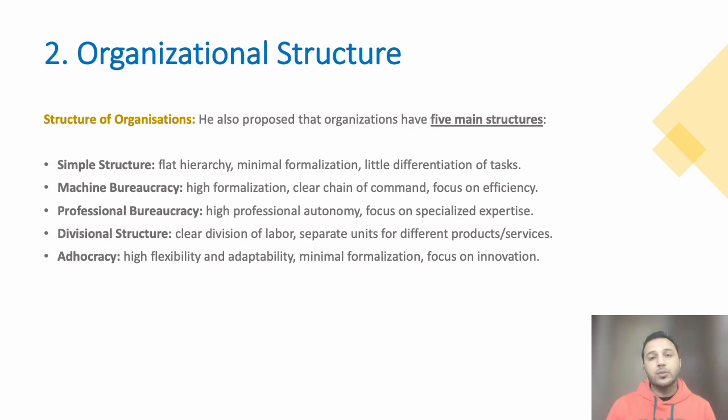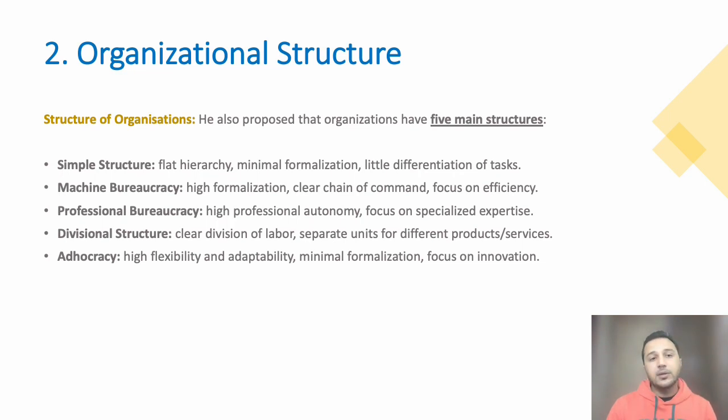Divisional structures are the ones in which we break down the organization into different divisions, be it based on services or product or geography. And the main purpose is to monitor the progress of each division and improve its efficiency and profitability based on the divisions.